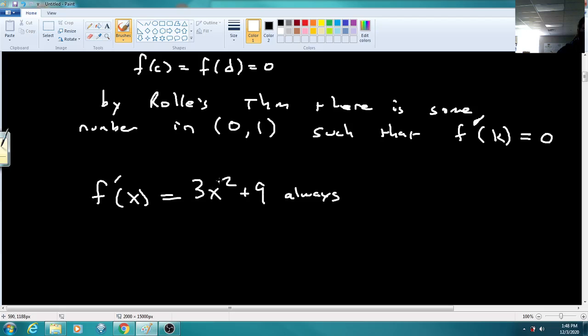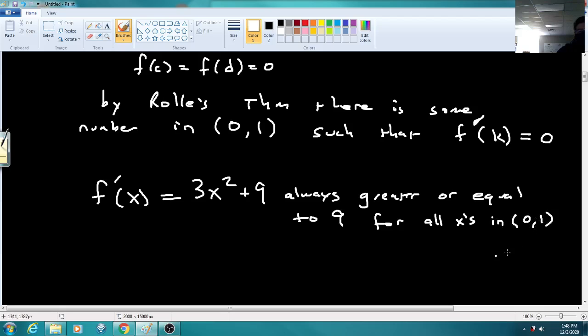If I input a positive, it gets squared, multiplied by 3, and then added to 9. This is always greater than or equal to 9. The first derivative is always greater than or equal to 9 for all x in the interval 0 to 1. So this is a contradiction.